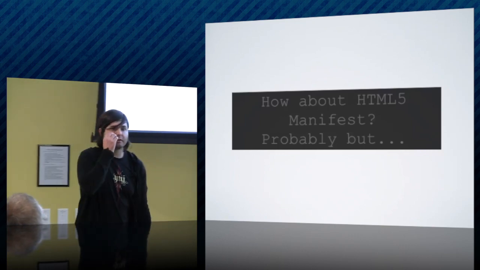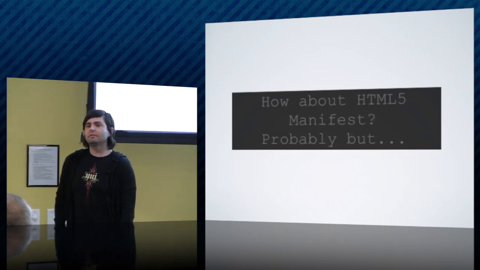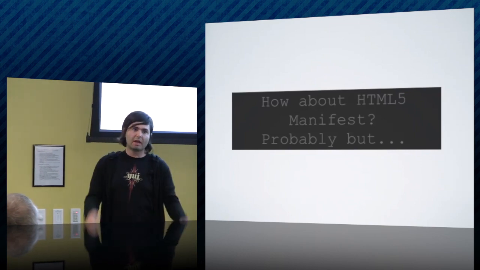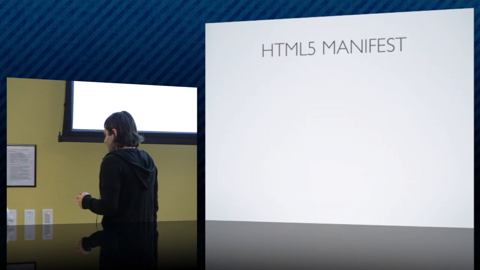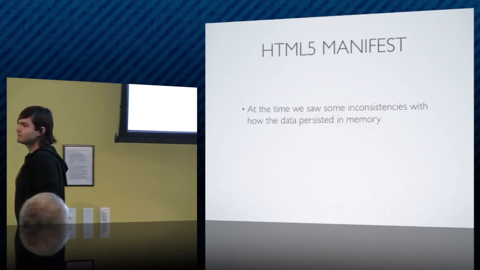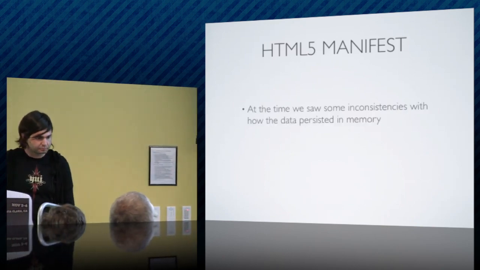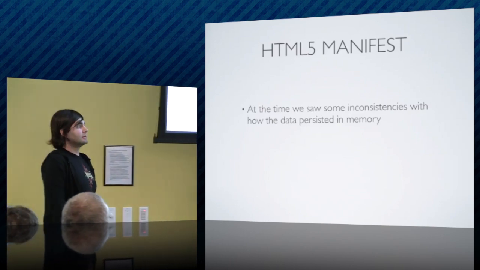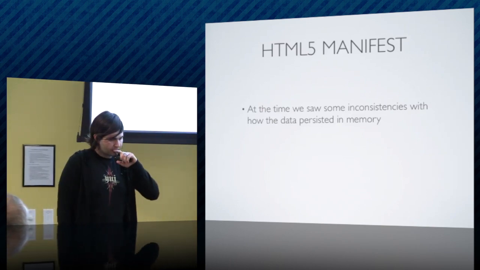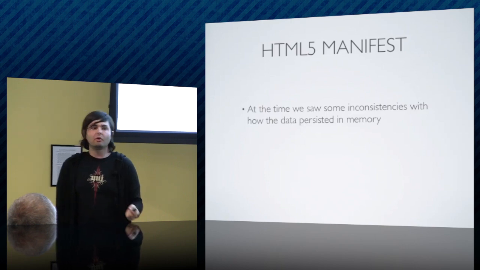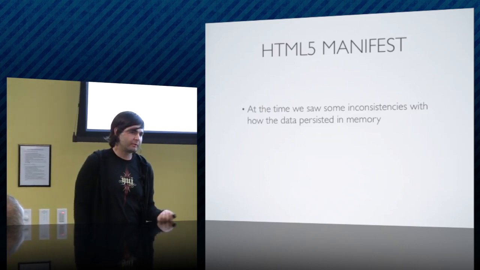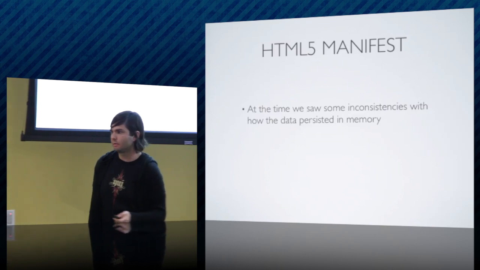So you might be wondering, why not use the HTML5 manifest for caching all your data? We could, but at the time, we saw some inconsistencies. The first one that we saw was that if we were to turn off the phone and then turn it back on, all of our data would be gone. So that was kind of a big issue right there.